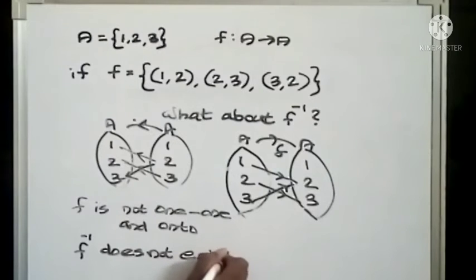Thus, for F inverse to exist, the function should be both 1-1 and onto.